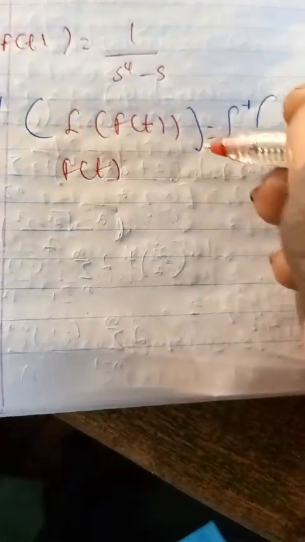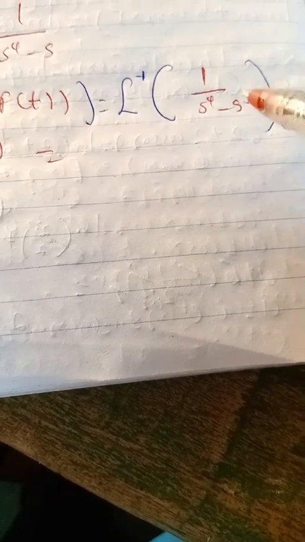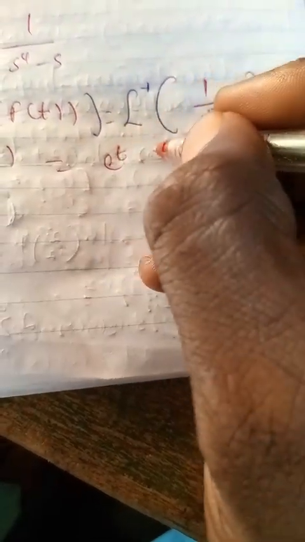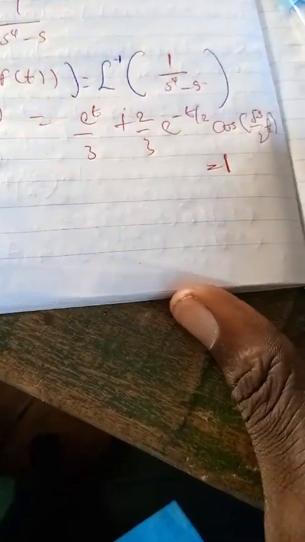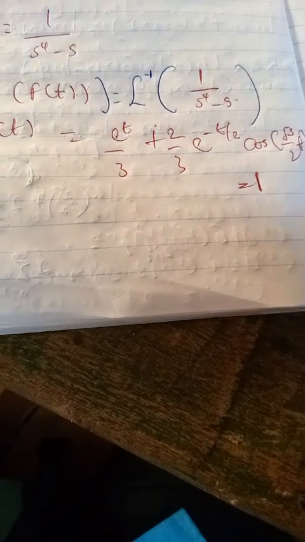So f of t is now equal to, the inverse Laplace of 1 over s raised to the power of 4 minus s, which is e raised to the power of t over 3 plus 2 over 3 e raised to the power of minus t over 2 multiplied by cos root 3 over 2 t, minus 1. In my next video I will prove this inverse Laplace for you so that you can know how to find the inverse Laplace of any function.